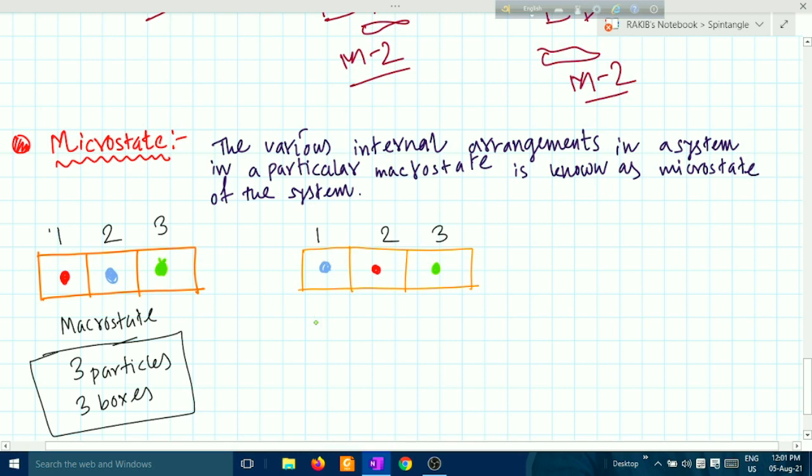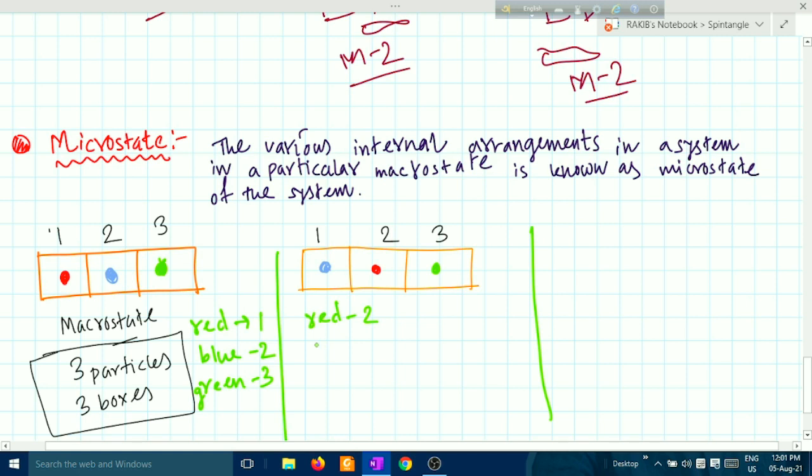This is another arrangement of the microstate. In the first arrangement, the red ball is in box 1, the blue ball is in box 2, the green ball is in box 3. But in this arrangement, the red ball is in box 2, the blue ball is in box 1, the green ball is in box 3.